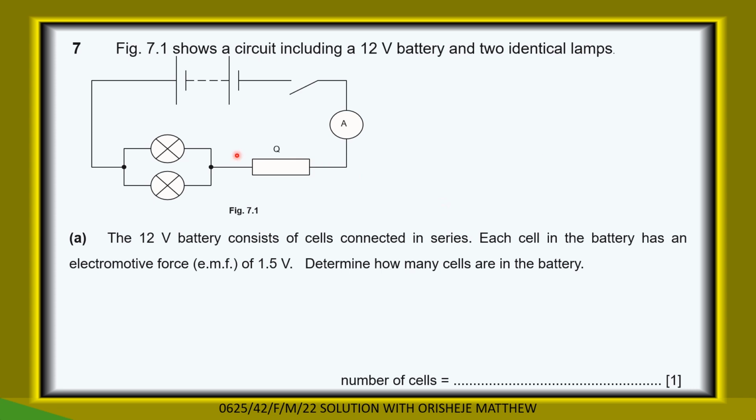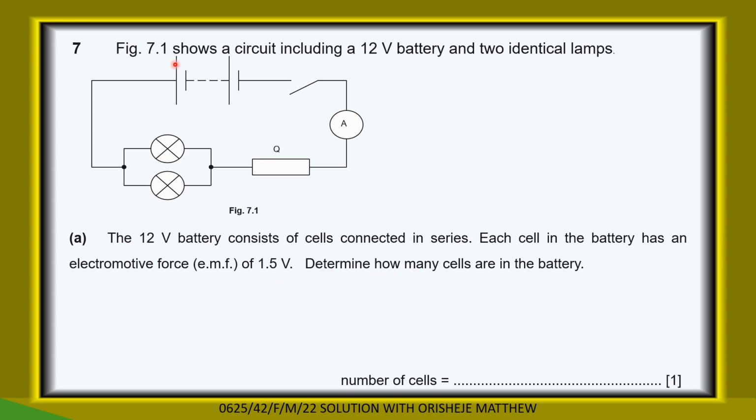So we have these 2 lamps. Now the 12-volt battery consists of cells connected in series. Each cell in the battery has an electromotive force. That's the energy that pushes the charges or electrons around. Determine how many cells are there.